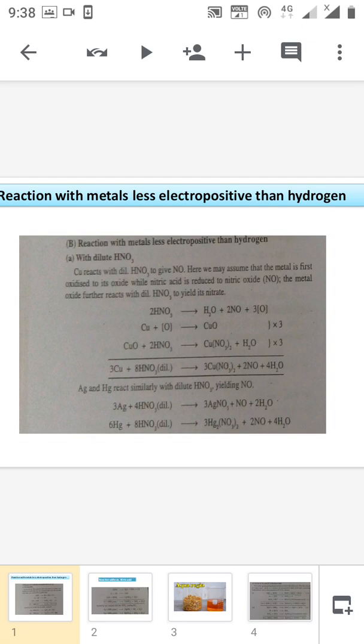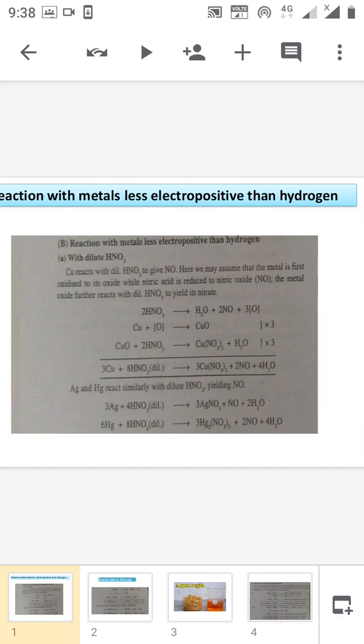The only difference is in the metal. The metal will react with the nascent oxygen and form the corresponding oxide, and this corresponding oxide sometimes reacts with nitric acid again to form the corresponding nitrate.